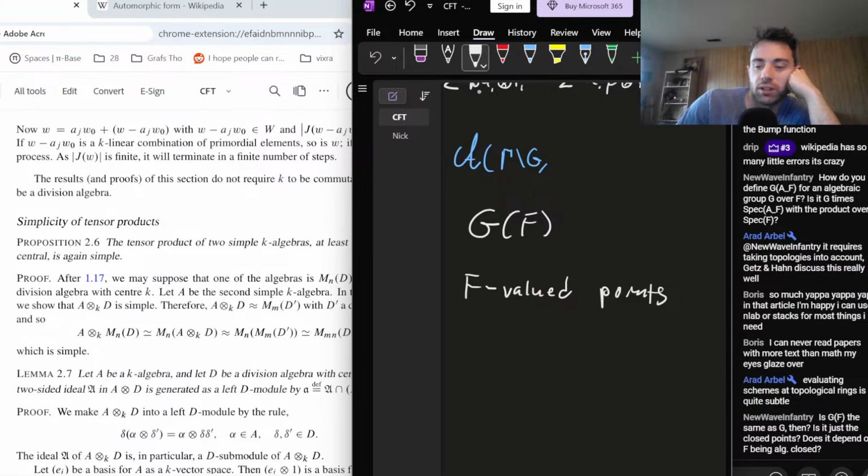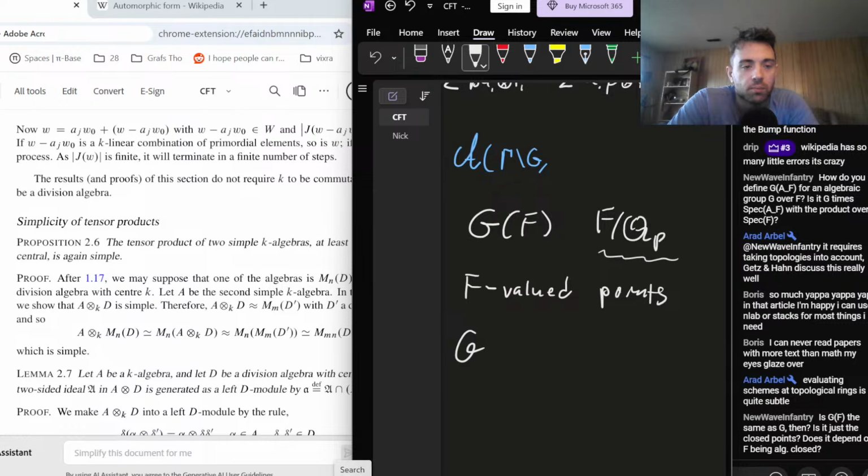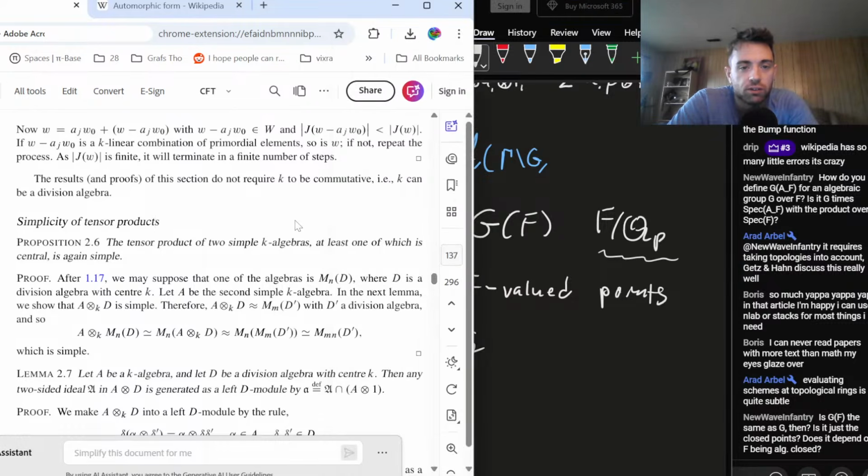And so certainly F does not need to be algebraically closed. Generally, I'm interested in studying GF for finite extensions of Qp. But definitely check out Getz and Hahn. That's the thing to check out here.